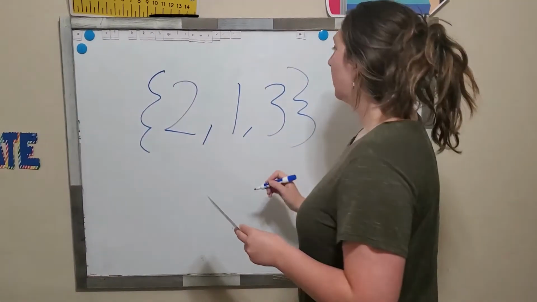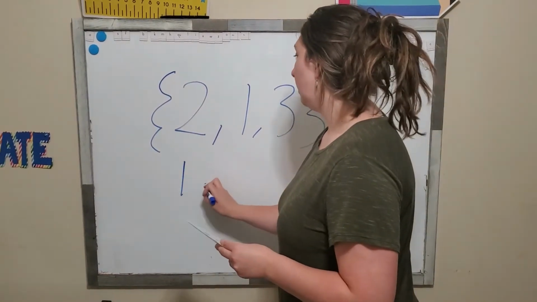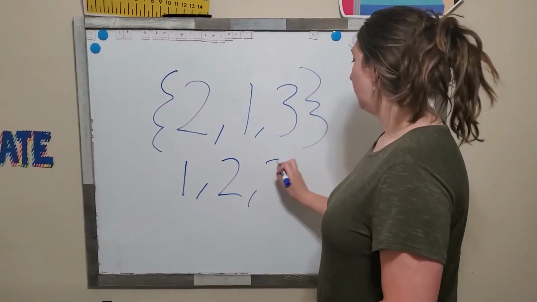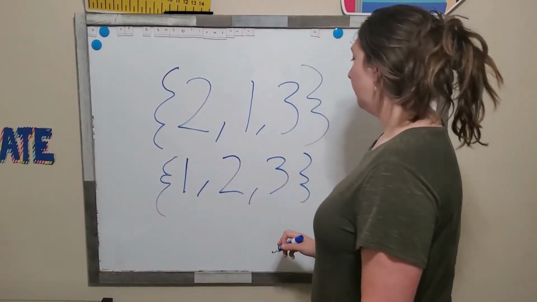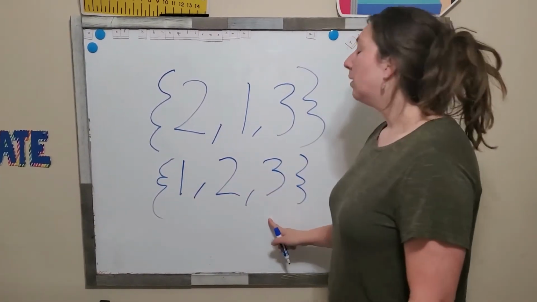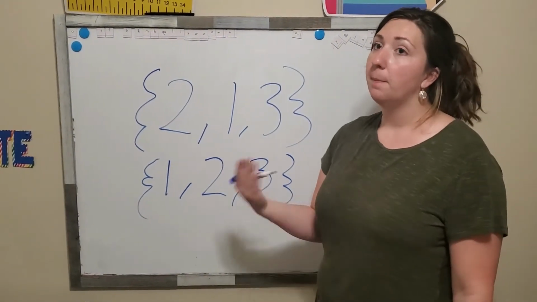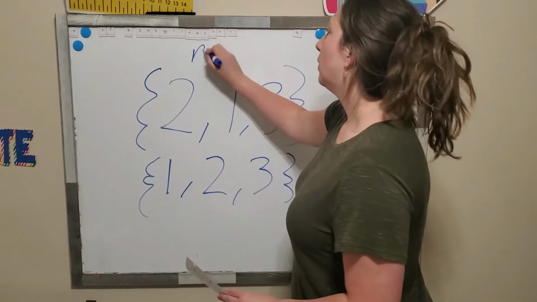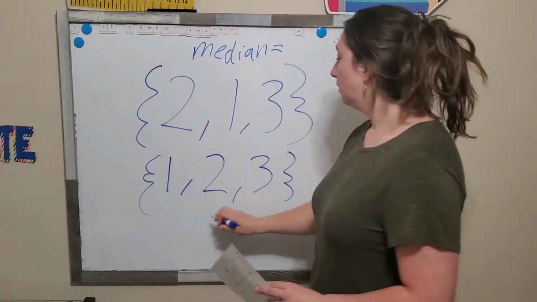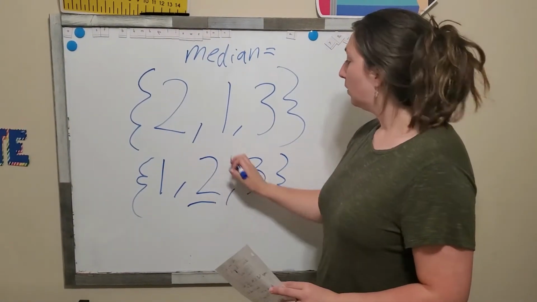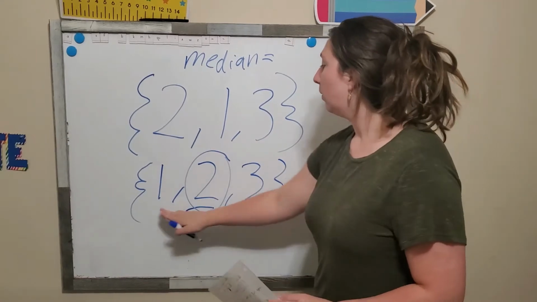First we put these in order, which is simply 1, 2, 3. Now they're in order, and then we figure out which number is in the middle. Median, middle, that's how we're going to remember it. So our median is going to equal 2. 2 is in the middle of our data set. There's an equal number on both sides.